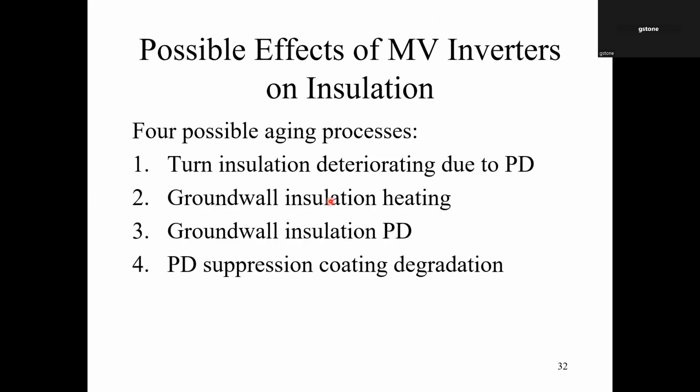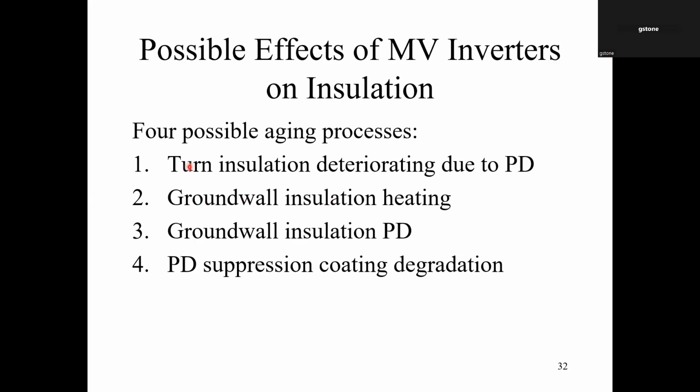It's well understood. I talked about how, for random wound windings, PD seems to be the issue, primarily between the turns, although it could happen to ground and between phases, because there are quite often air spaces there, and then you get those very high stresses.